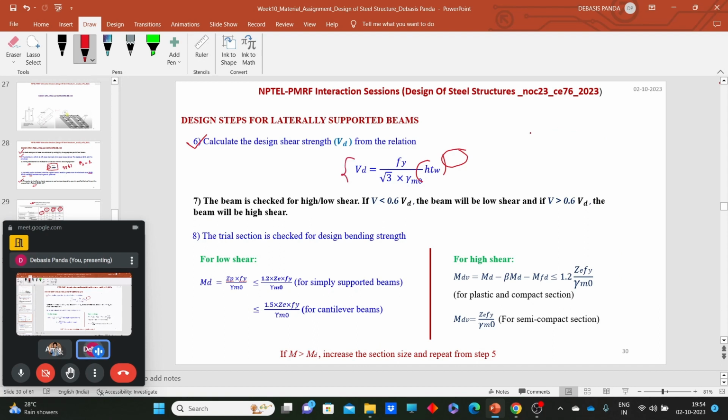Now we have calculated the factored shear force V and the design shear strength VD. Now we need to check whether the beam is subjected to low shear or high shear. We check two conditions: whether the factored shear force is less than 0.6 times the design shear strength, or greater than.